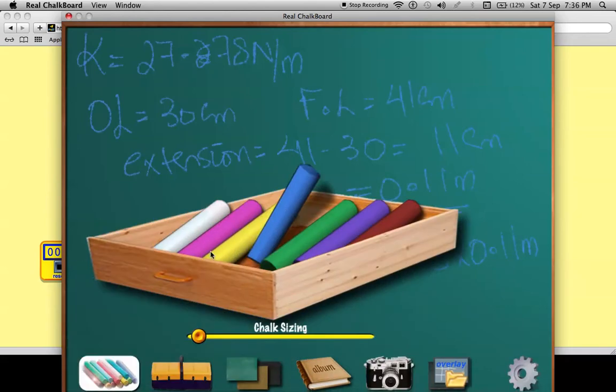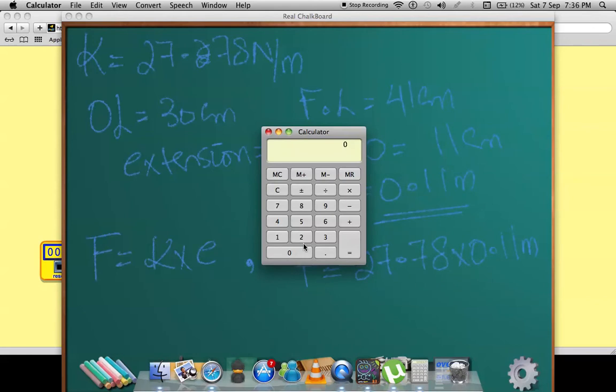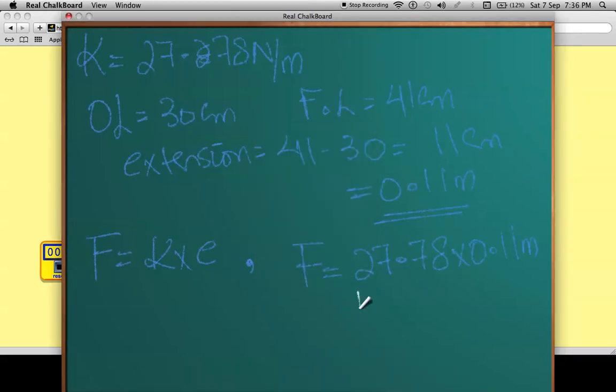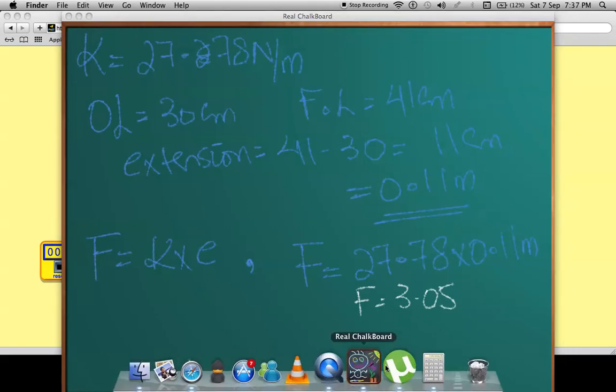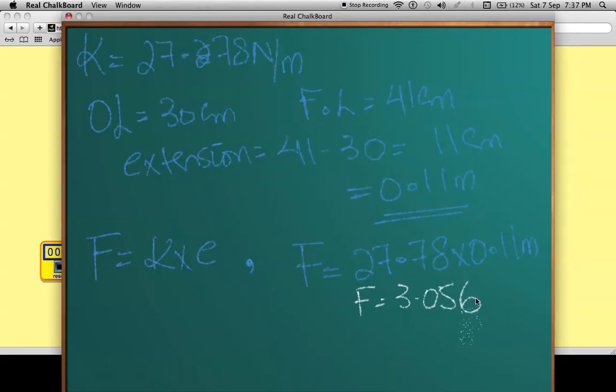So using our calculator here, 27.78 times 0.11. This gives me a force of 3.0558. Let's take it as 3.056 newtons. Now this is my force.